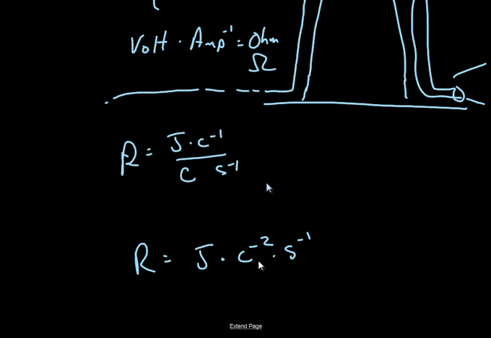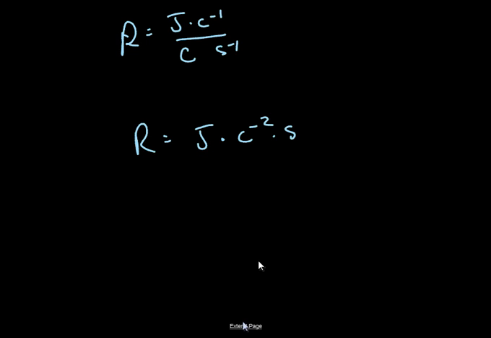Does that make sense? Oh, sorry. There we go. My bad. And what was a joule again? I did it for you. Force times distance, so it's Newton meters. And what's a Newton again?